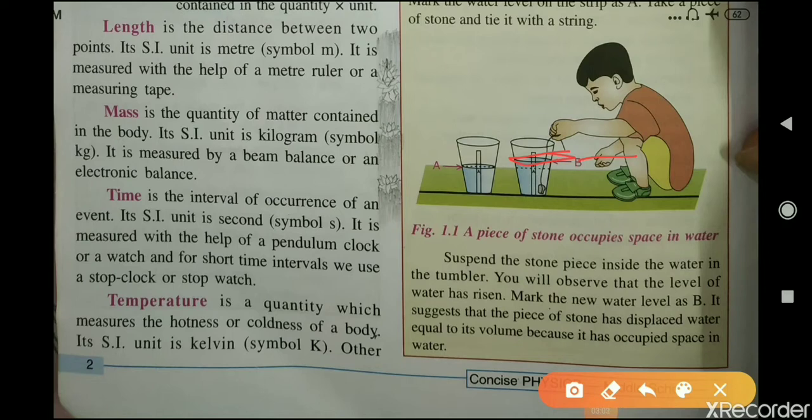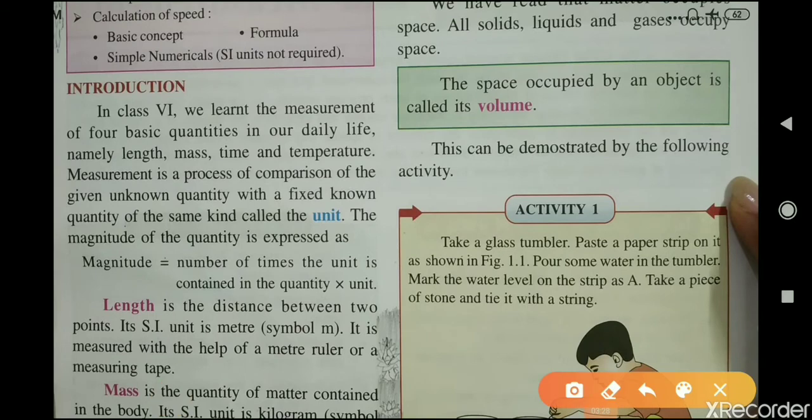Now it suggests that the piece of stone has displaced water equal to its volume. This stone in the glass tumbler occupies space according to its volume, so it displaces water equal to its volume. So volume is the space occupied by an object.